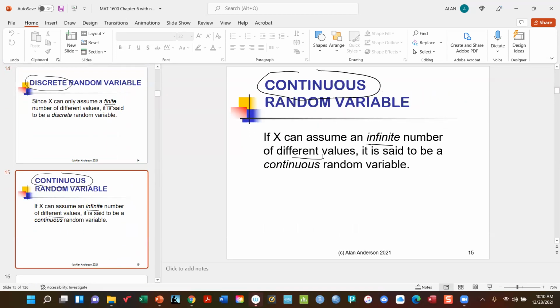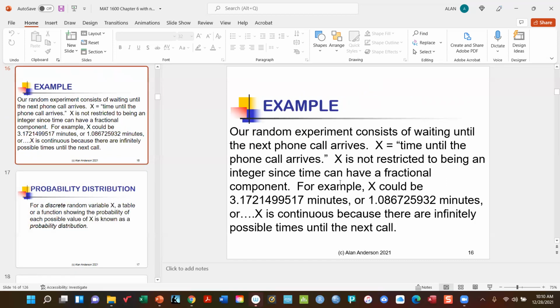X would be considered continuous if it can have an infinite number of different values. A good example of that would be if our X represents the time that we have to wait until the next phone call. The reason it's continuous is because the time itself can have a fractional component, which means there's an infinite number of possible times that could elapse before the next phone call. And so X is continuous in this case.